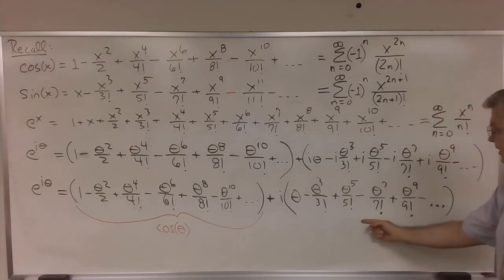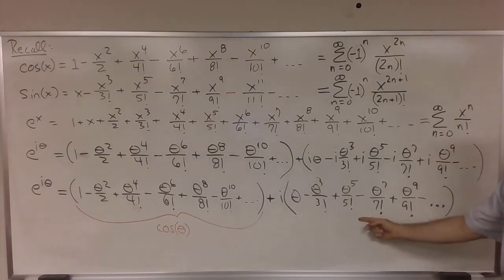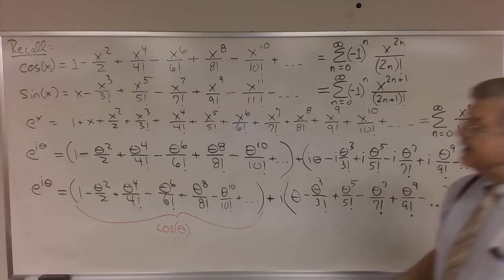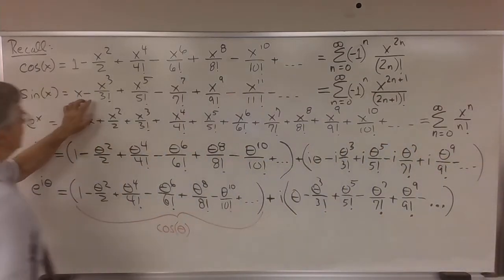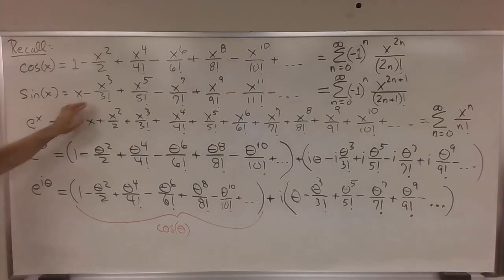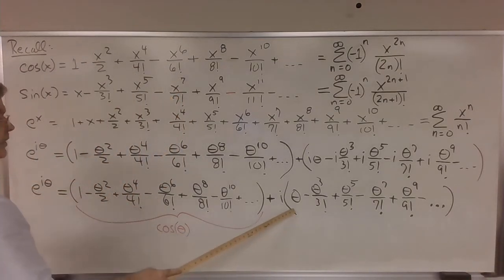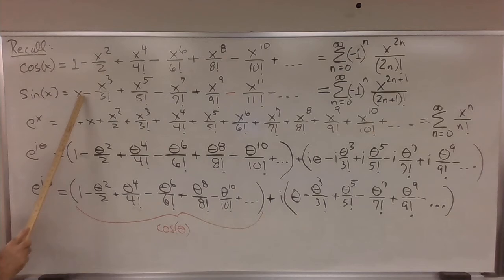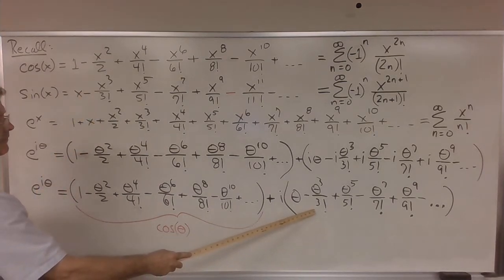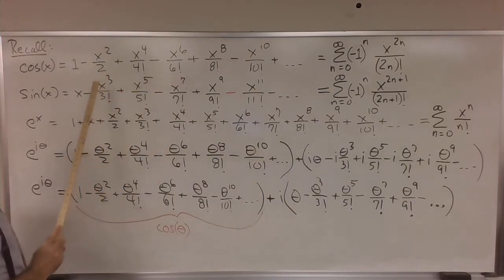Now, let's look at what's in this set of parentheses and compare it with what we have up here. Down here we have theta. Up here we have x. Down here we have negative theta cubed over 3 factorial. Up here we have negative x cubed over 3 factorial.